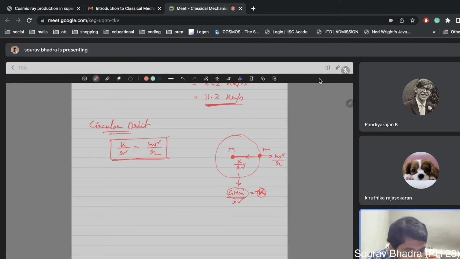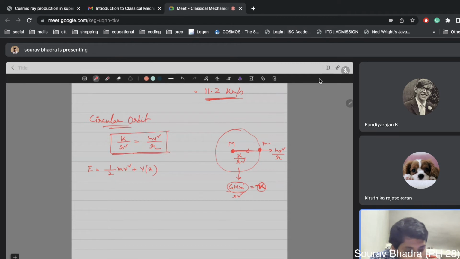Then what is the total energy of the particle? As always, it is the kinetic energy, half mv square, plus potential energy. From this equation you can write v in terms of r and k, and the kinetic energy will be k by 2r, and our potential for this particular force field is minus k by r.